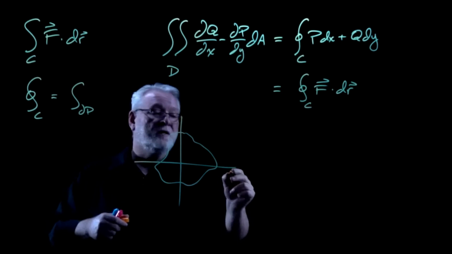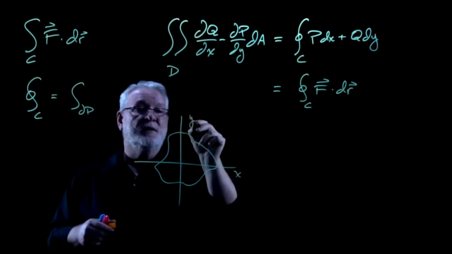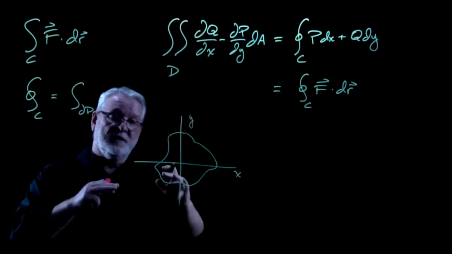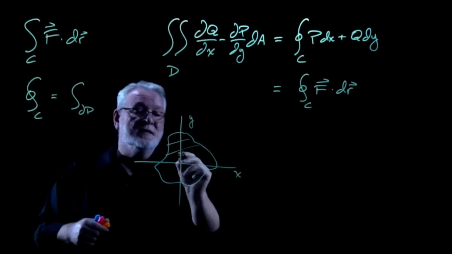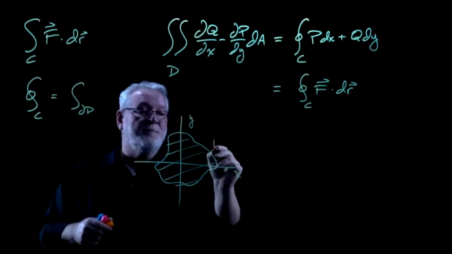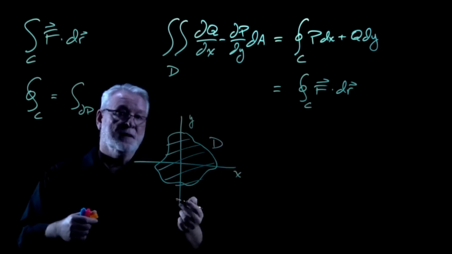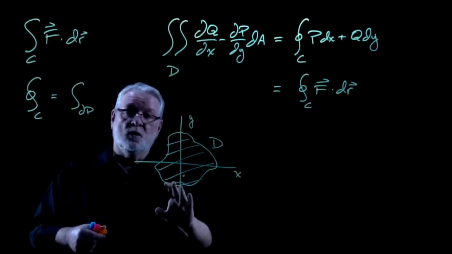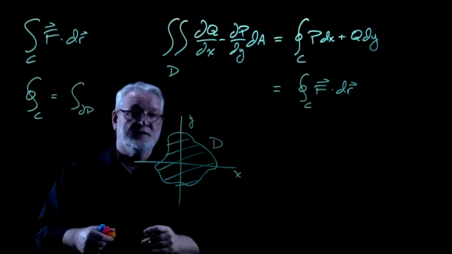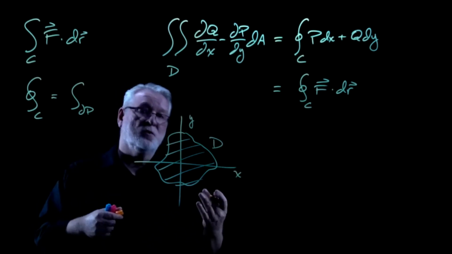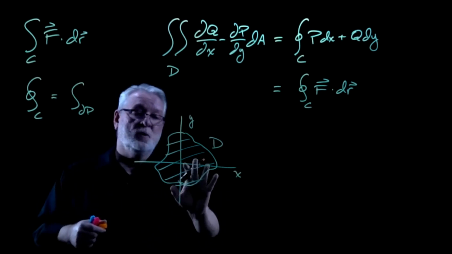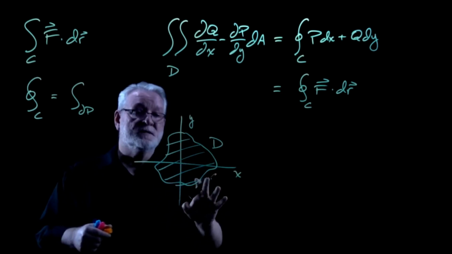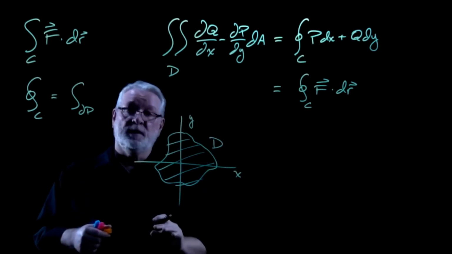Of course, all of our areas in the xy plane did this. They definitely had a boundary and then an interior, and this interior represents the region D. In each problem, we'll generally know what this region is. We'll have limits of integration in x and y. They could be functional or they could be integers, but we'll know what this region's shape and size is for this double integral.